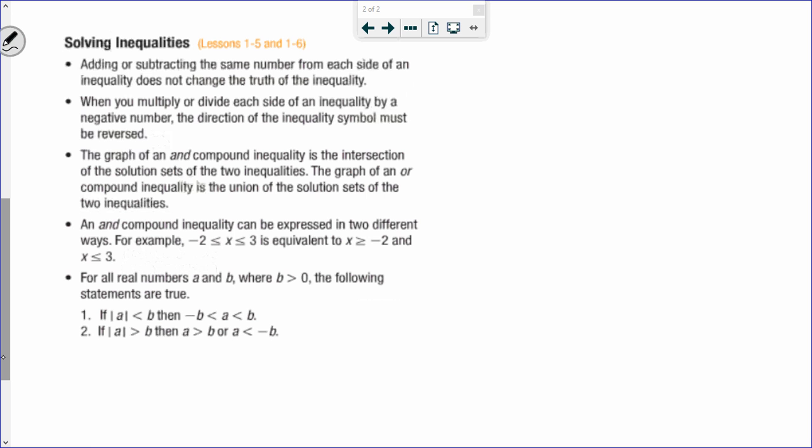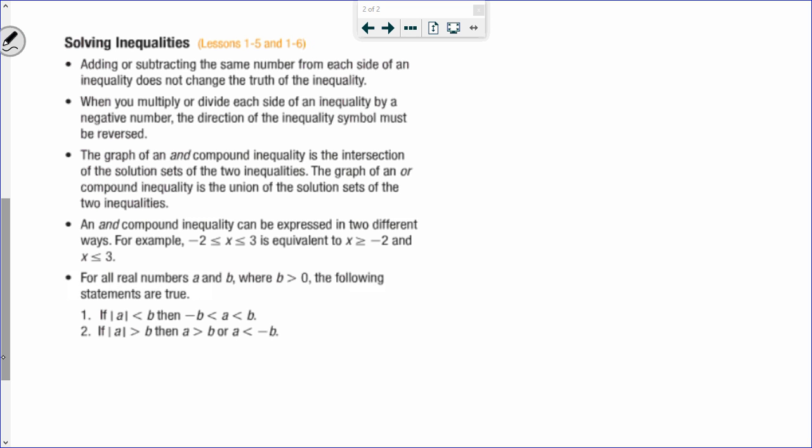Next topic is inequalities, and we've talked about inequalities Wednesday, Thursday, and Friday. Solving inequalities is much like solving equations. The same general rules apply with addition and subtraction. Multiplication and division get a little dicey because we need to continue to be aware that if we are multiplying or dividing by a negative, we've got to flip the sign.